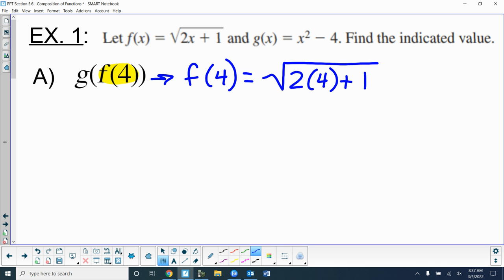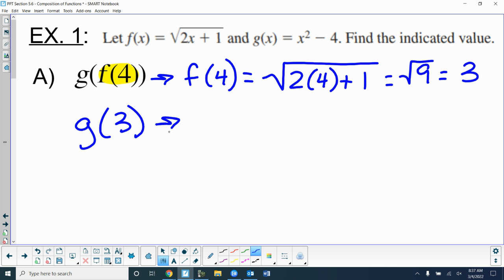What's 2 times 4? 8. Plus 1, 9. And what's the square root of 9? 3, right? Now we're going to take that answer and do g of 3 then. So whatever answer we get for this first part, f of 4, that came to be a 3.